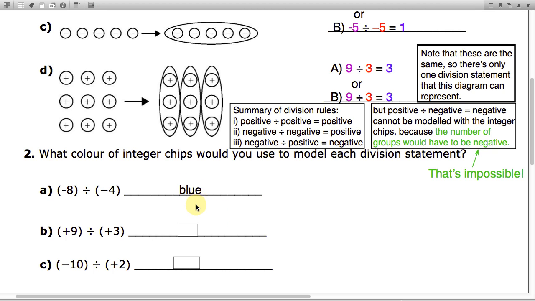And in the textbook, you'll notice that the circles that are blue are negative integer chips. The circles that are red are positive integer chips. And again, the color of integer chips is determined by what is your dividend, the number that you are dividing up. So since this is negative here, we need to use the blue chips.